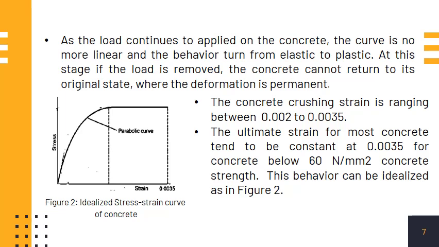Therefore, for all concrete class where concrete strength less than 60 Newton per millimeter square, the ultimate strain of concrete is taken as 0.0035. This value is very important because we will use it in design.